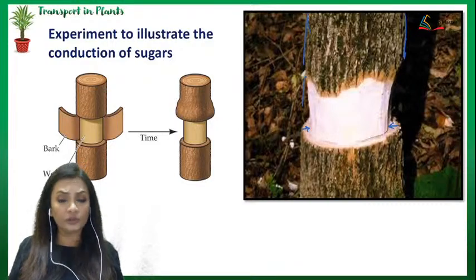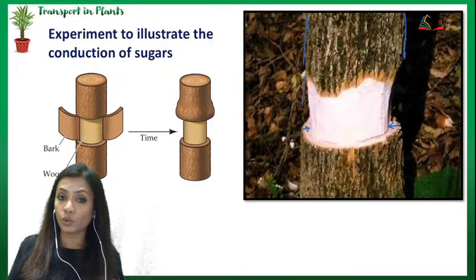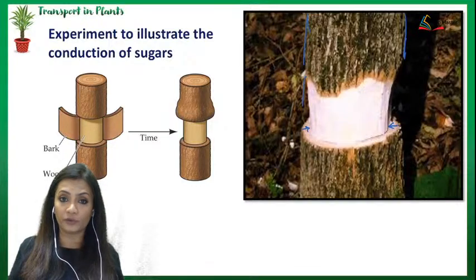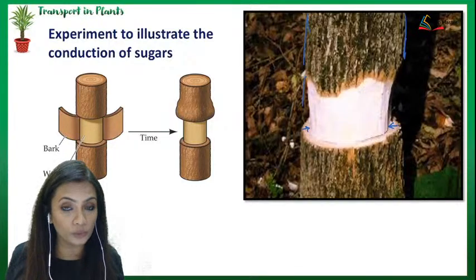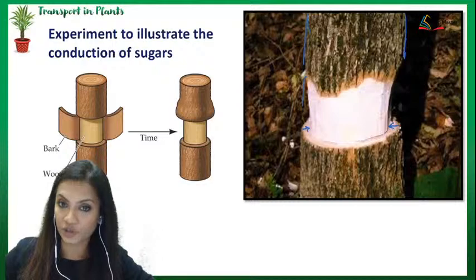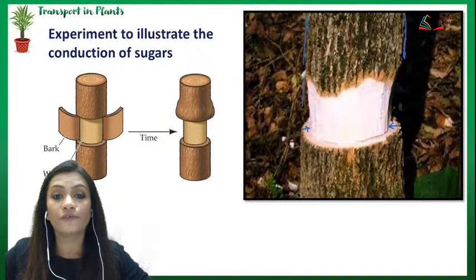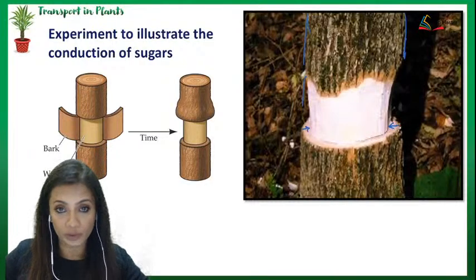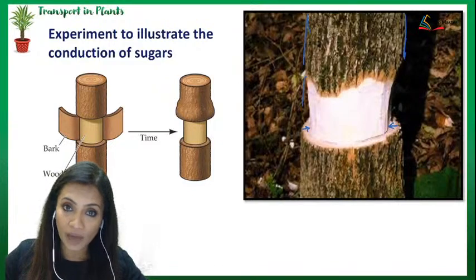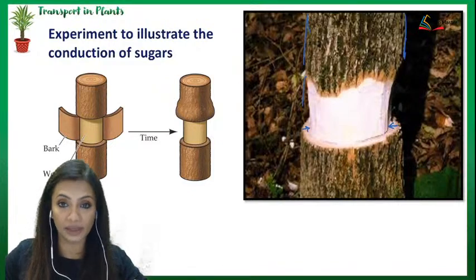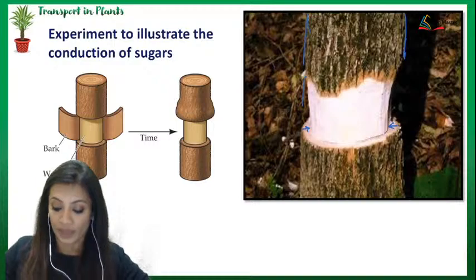Now, what do we see here? Naturally, we know that xylem flows upwards and phloem flows downwards. So, as per natural processes, the constituents inside the phloem are going to be flowing downwards. But what happens here now? There is a cut which has been made, right?